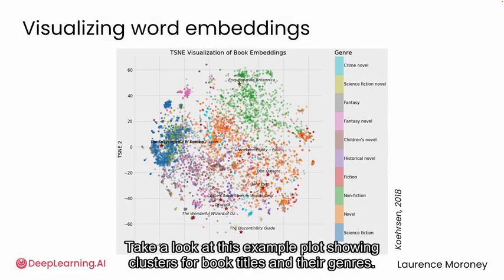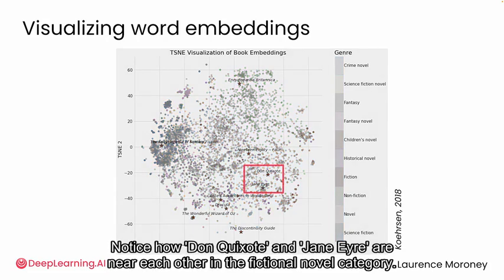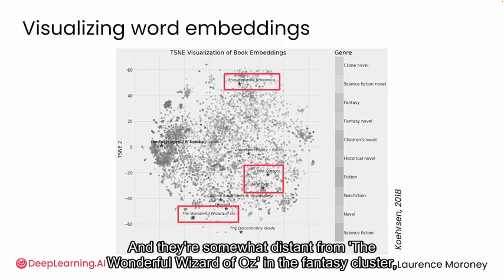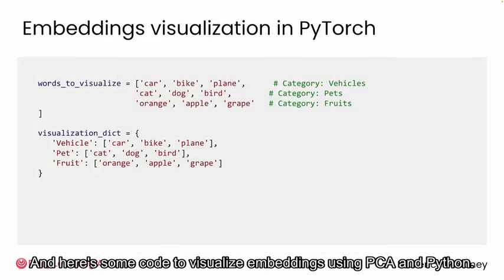Take a look at this example plot showing clusters for book titles and their genres. Notice how Don Quixote and Jane Eyre are near each other in the fictional novel category, and they're somewhat distant from The Wonderful Wizard of Oz in the fantasy cluster, and even further away from Encyclopedia Britannica, located in the non-fiction cluster.